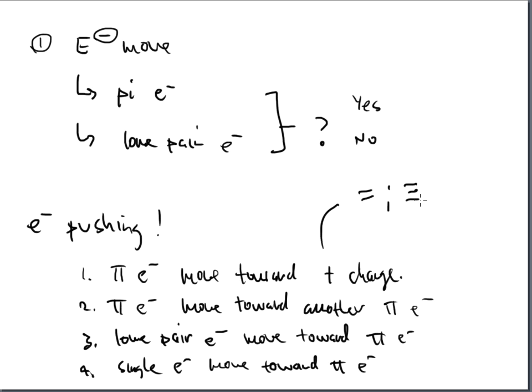So basically, rules 1, 2, 3, 4 are telling me a double bond moves toward a positive, a double bond moves toward another double, a lone pair of electrons can move toward a double bond, and a single electron can move toward a double bond. And if double bond doesn't suit your fancy, then triple bonds are okay as well.